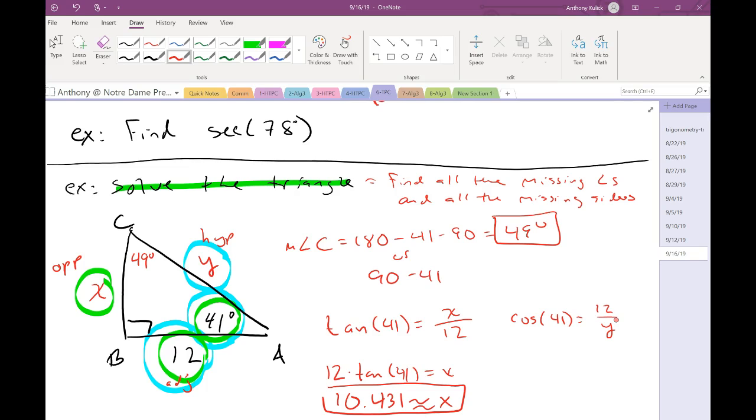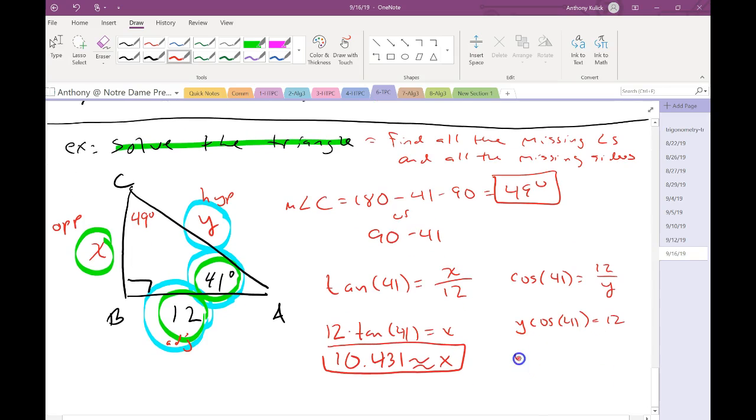I'm going to multiply both sides by y to get rid of the fraction. So that's going to give me y times cosine 41 equals 12. And then to get the y by itself, I'll divide both sides by cosine 41, to give me y is 12 over cosine 41.